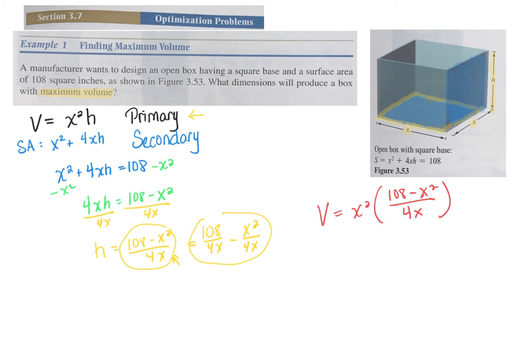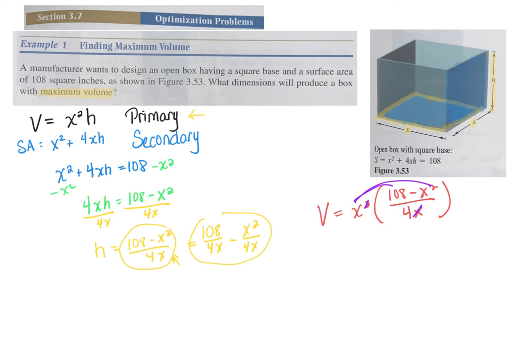And so I'm going to simplify this first because I'm eventually going to take my derivative. So I definitely don't want to take my derivative like this. I want to make this a little more simple. And so I'm going to do just basic algebra cancellation here. I'm going to cancel this x with that x, right? I'm going to distribute, and I am going to break it up once I do this.